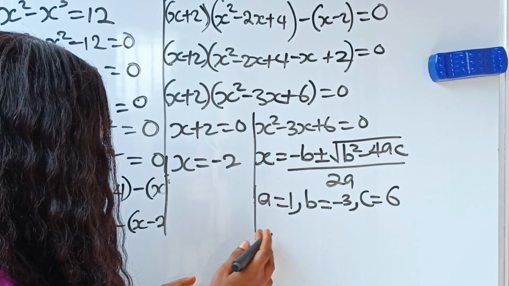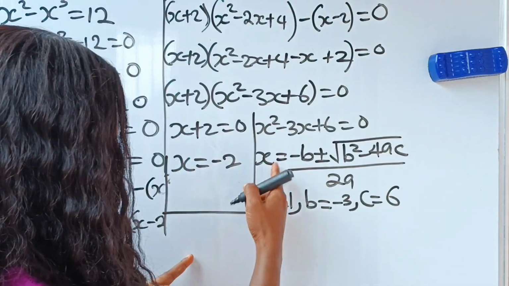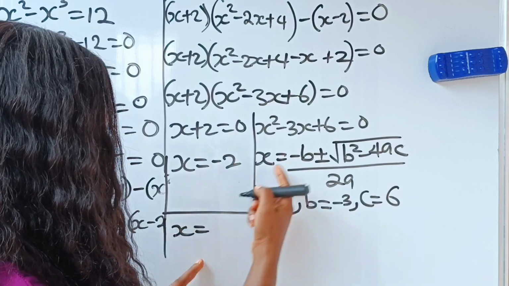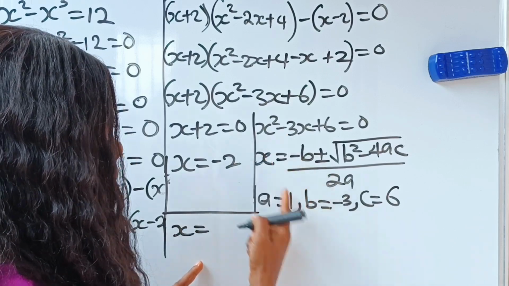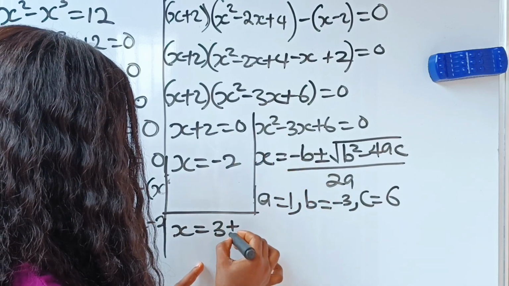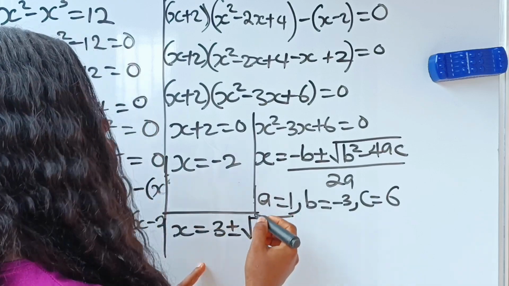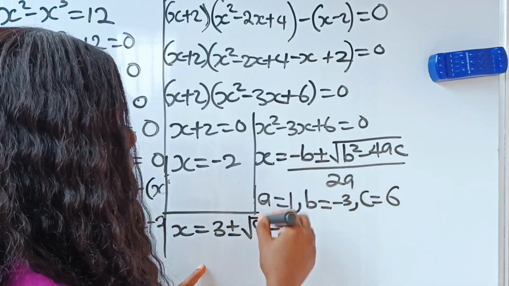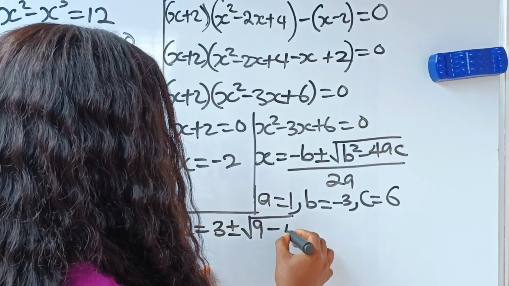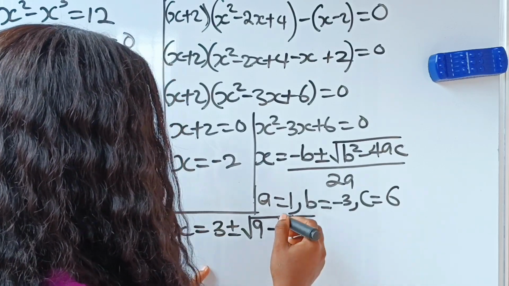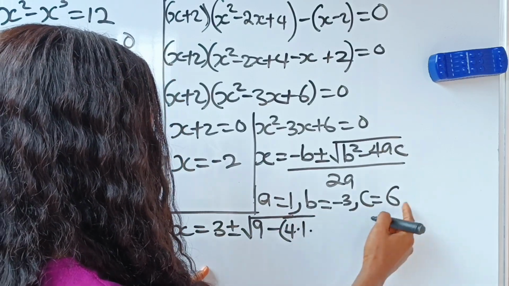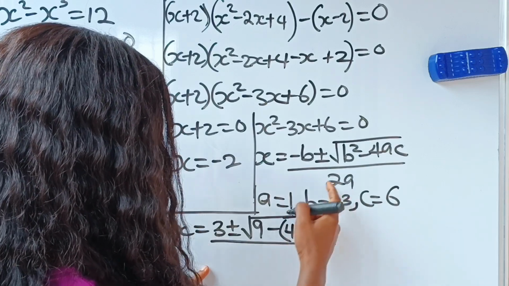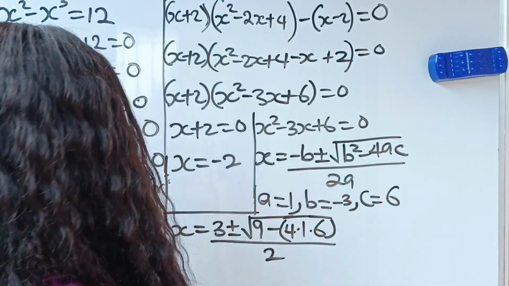So we can now rewrite this as x equal to minus b, that is minus minus 3, which is plus 3, plus or minus square root of b squared, that is minus 3 squared, which will give us 9, minus 4ac, that is 4 multiplied by a, which is 1, and c is 6, divided by 2a, that is 2 times 1, which will still give us 2.